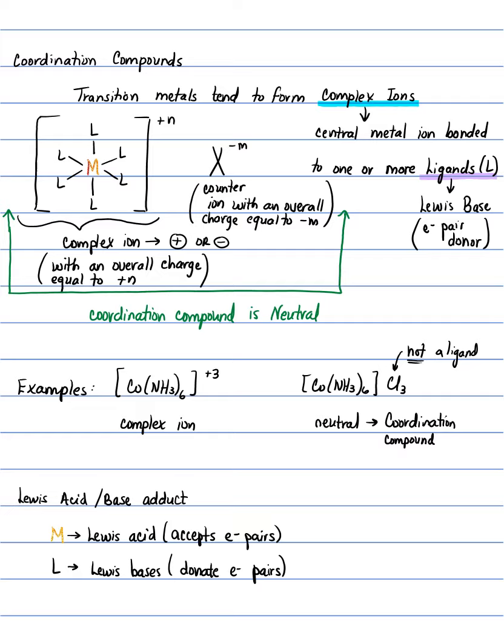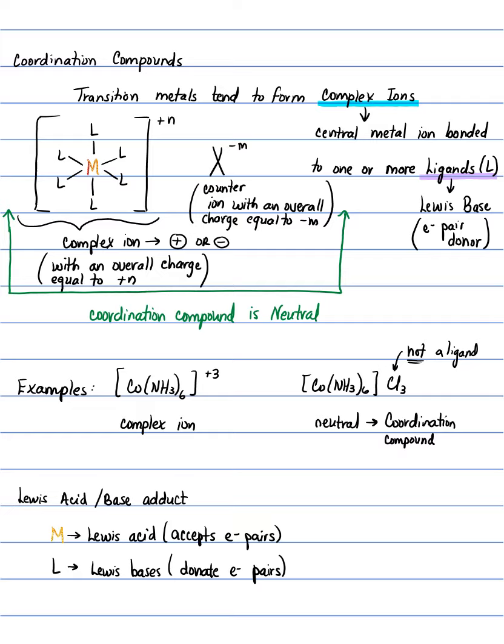If you have that complex ion bonded to ions with opposite charges, you will have a neutral charge because you will have the same number of positive and negative charges. In this example, the positive is the complex ion, the negative is the counter ions, and when all of them are bonded together, you will get the coordination compound as neutral.